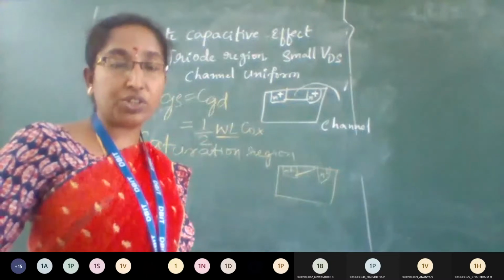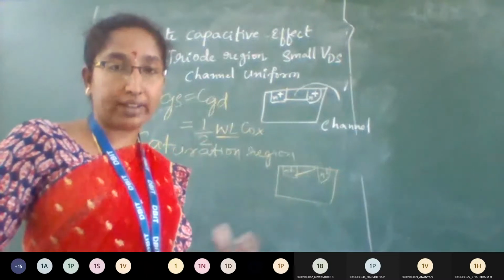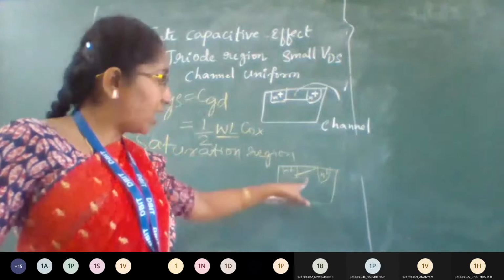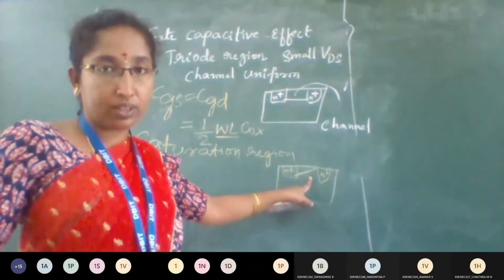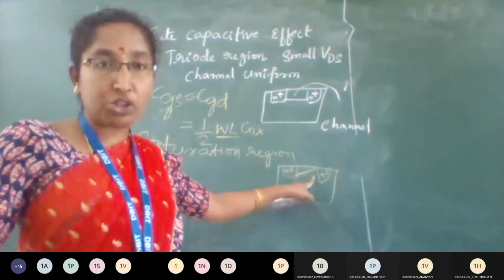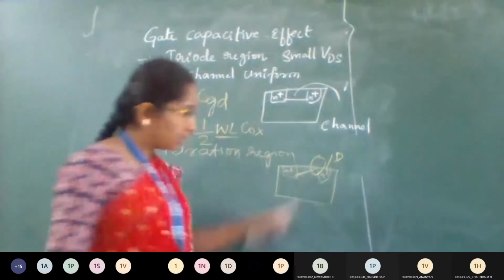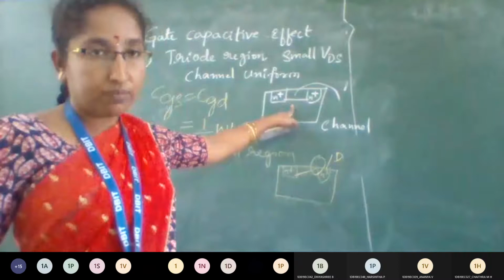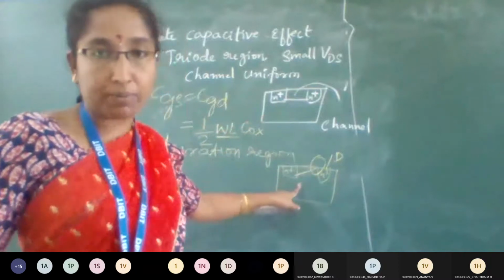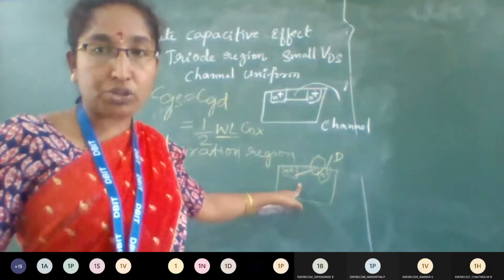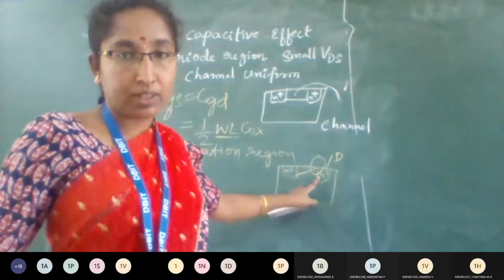As you increase the drain potential, all the electrons get attracted. The channel is not going to be uniform. It is pinched off towards the drain. Here the uniform channel becomes a tapered shape.